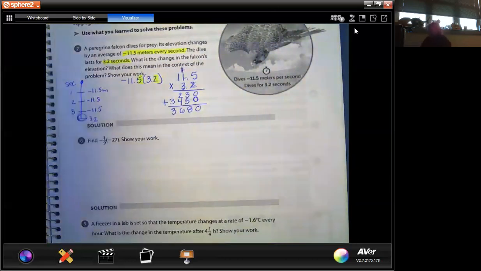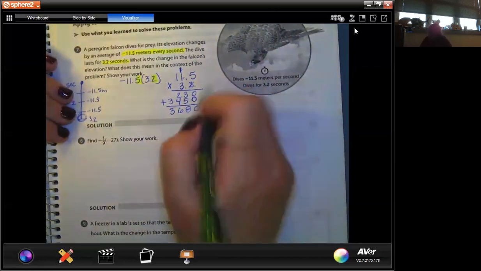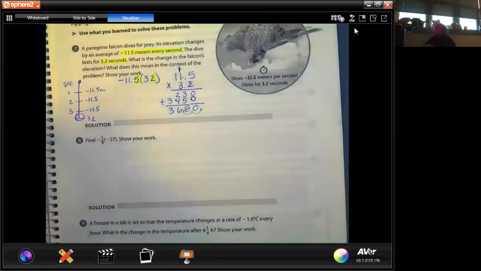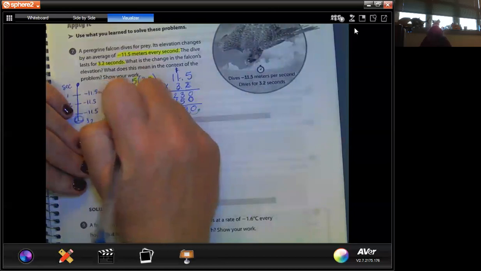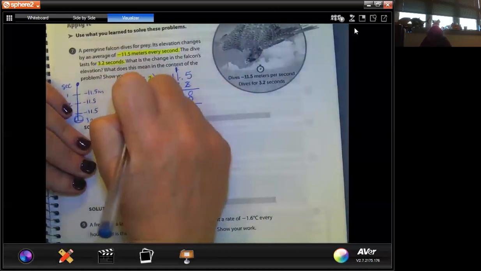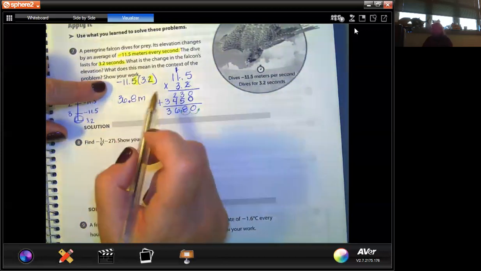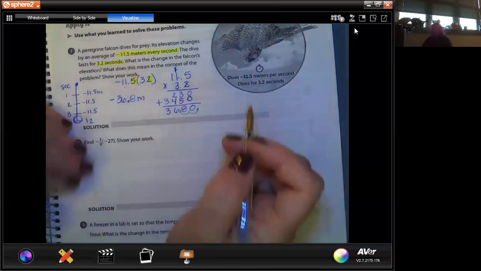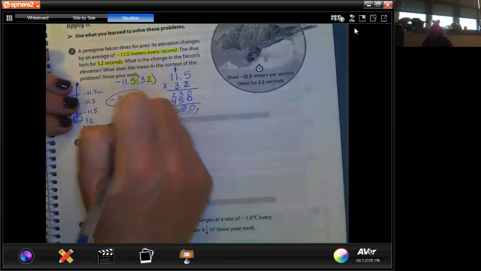So what that means is my decimal is located at the end, and I'm going to move it over 1, 2 times. So I know that this comes out to be 36.8 meters. But now go back. Remember, in integers, a negative times a positive is a negative. All right, so there's your answer.